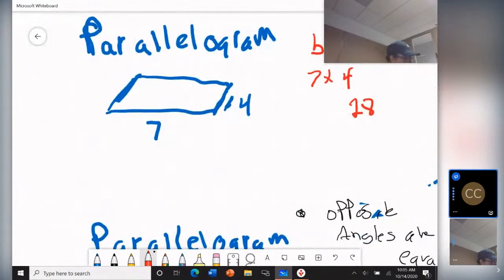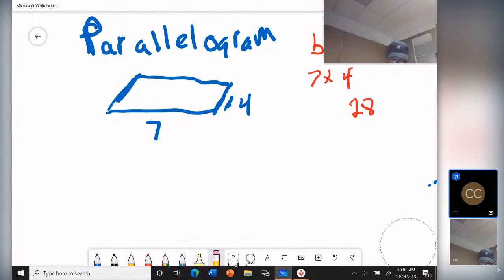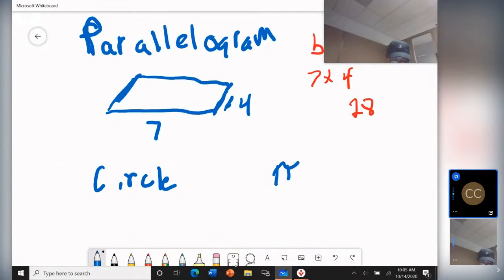And the last one I want to do is the circle. And the formula for a circle is pi r squared, where r is the radius.